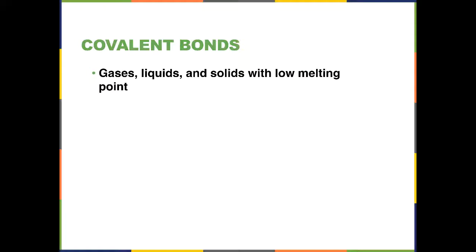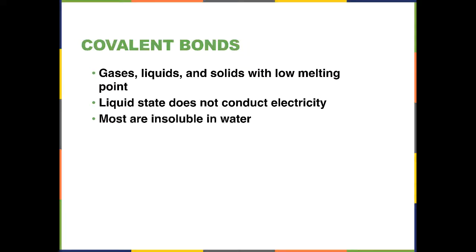The gases and liquids are much more common when there's covalent bonding occurring. The liquid state, because the electrons are shared and they're not free to move around, does not conduct electricity. Neither does the solid state, for that matter. And covalently bonded substances are frequently used as insulators in the solid state.